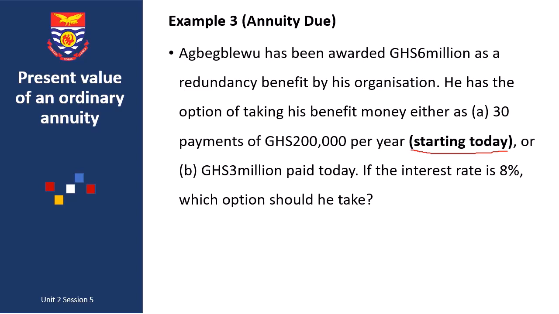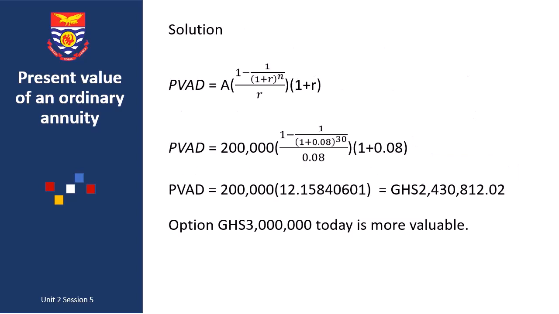So we use our annuity due formula to find our present value. So present value of annuity due. So PVAD means present value of what? Annuity due. So look at the formula. We are just multiplying it by 1 plus R. So we get the difference.